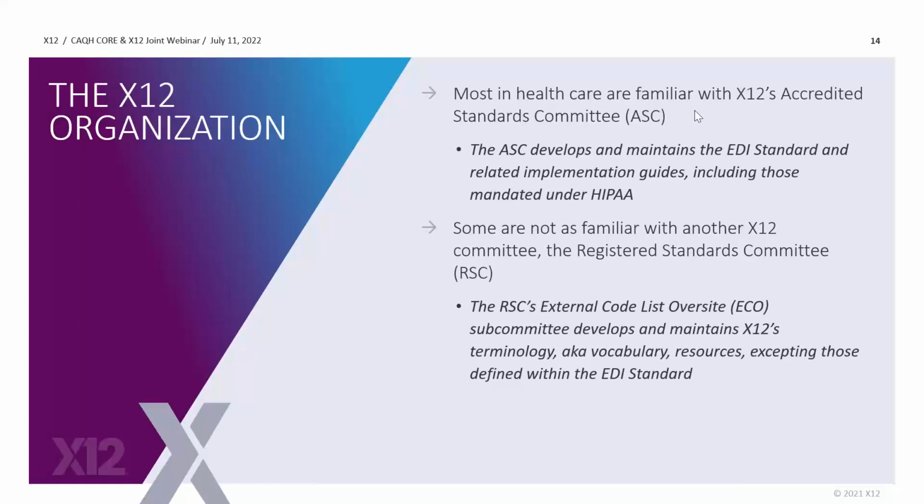They help with formal and informal planning for transaction evolution, such as when we bring it to the board of directors and say we want to move some of the transactions forward to the next iteration of HIPAA adoption, et cetera, et cetera. So those two groups work independently of each other, but they have to work in an integrated fashion to move forward through the process. Next slide, please.